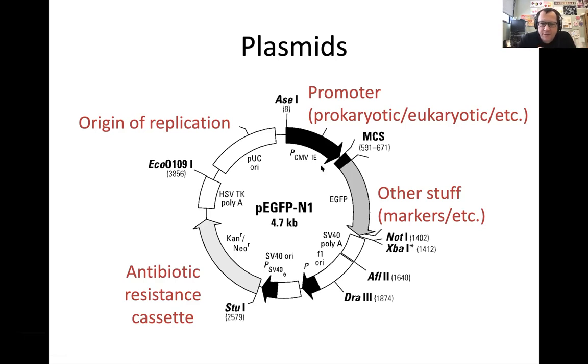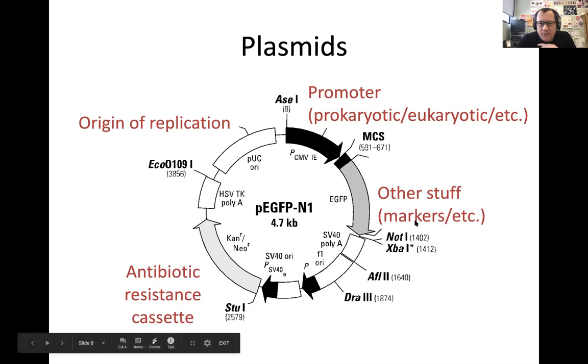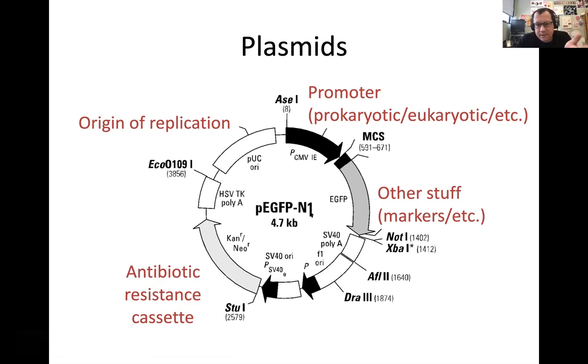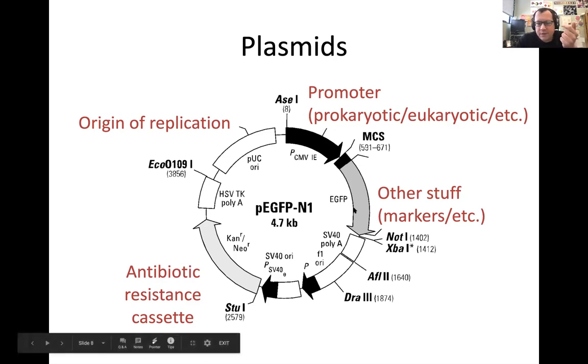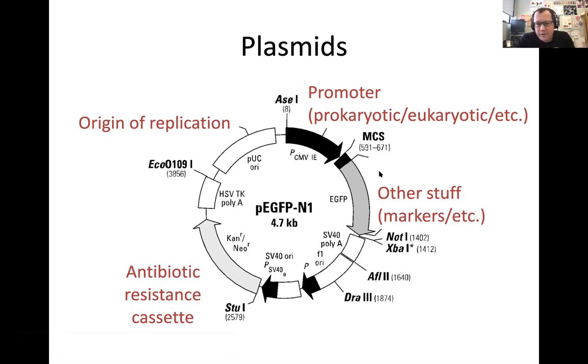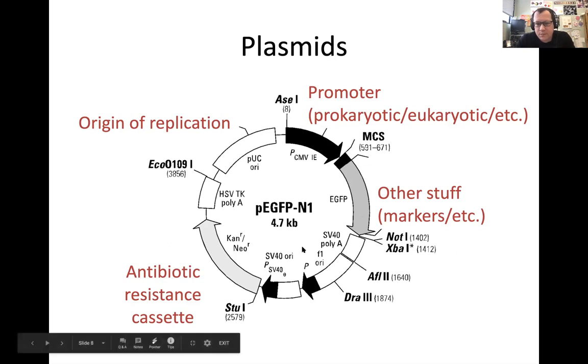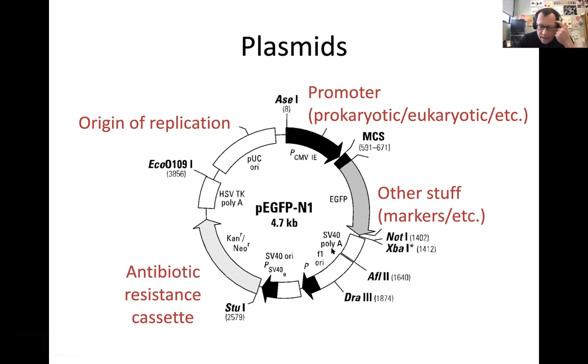And so in its default state, when we take this plasmid, and what we're going to do this week is we're going to extract the plasmid DNA out of bacteria. We can take this plasmid and stick it into human cells, and then this promoter will drive expression of the green fluorescent protein. So if we were to take this plasmid and put it into human cells, it would turn those cells green.